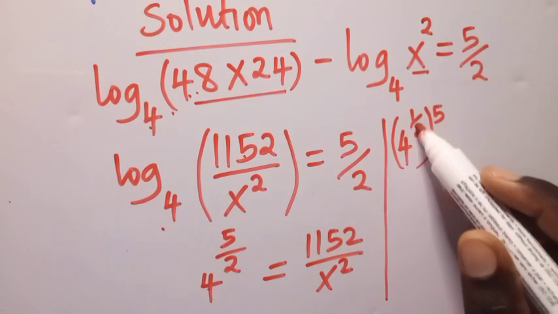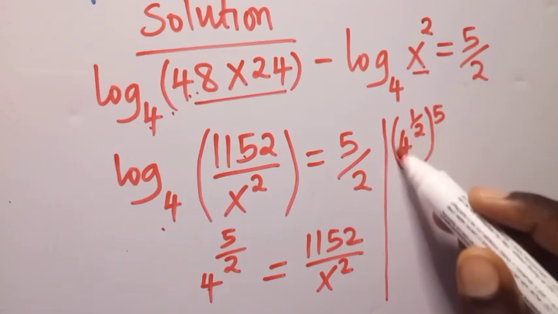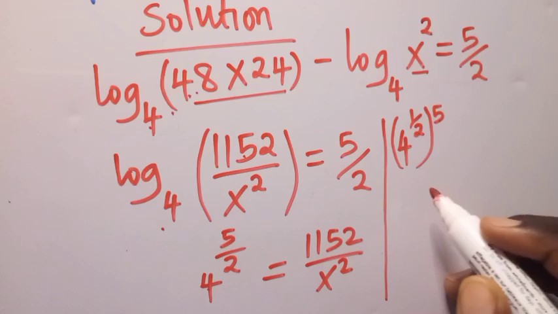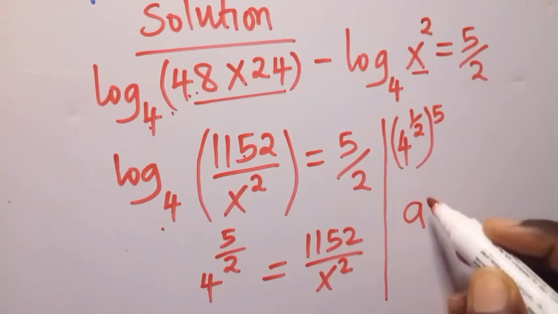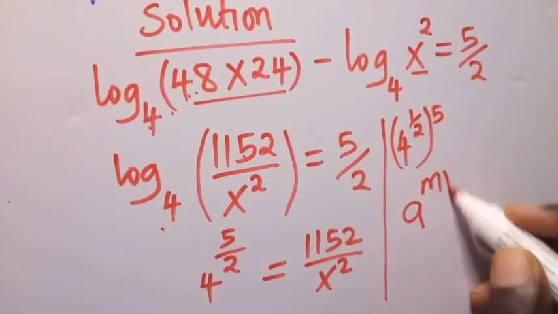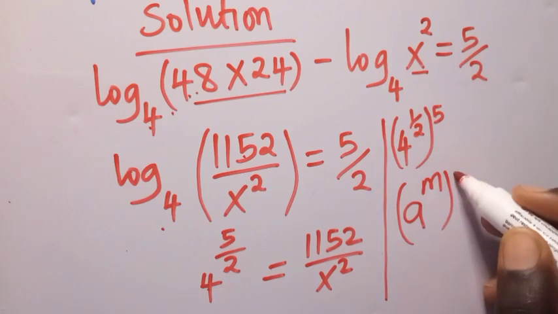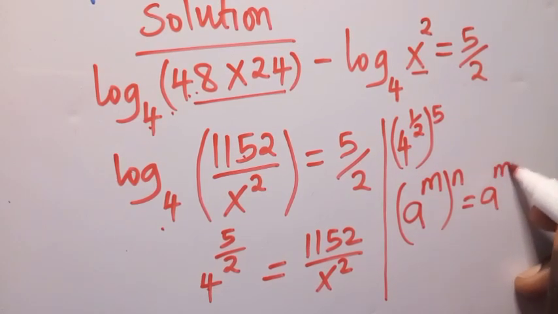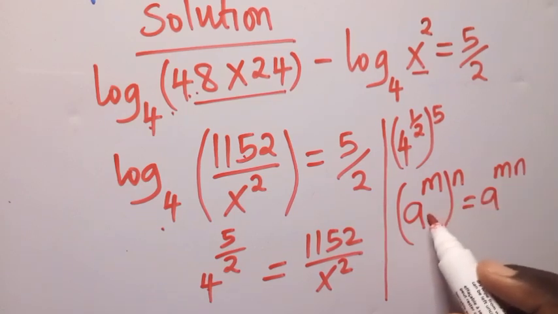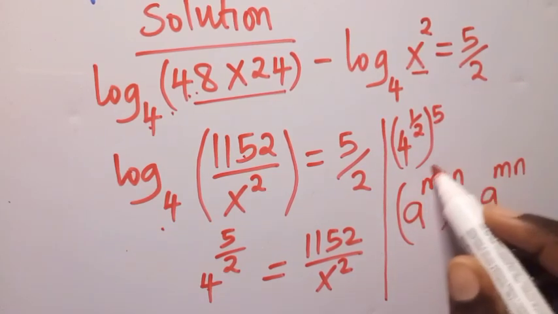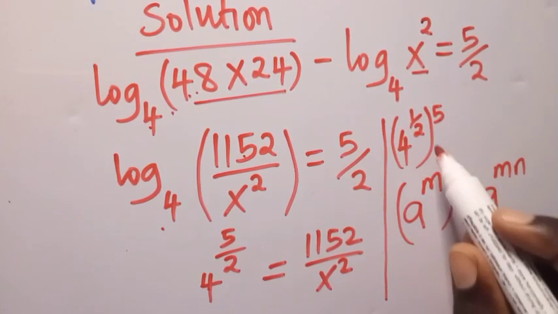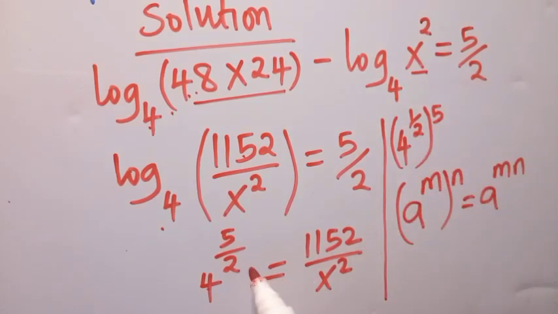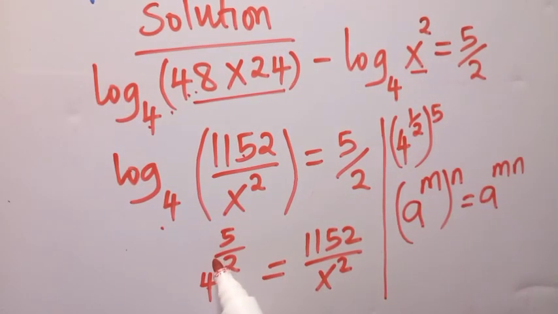That is 4 raised to a half, then close the bracket raised to 5. So from the basic laws of indices, for example, a raised to m, then close the bracket raised to n is just the same as a raised to mn. That is, you combine the powers through multiplication. The same applies to this. And therefore, looking at this one and this one, I have not changed anything.